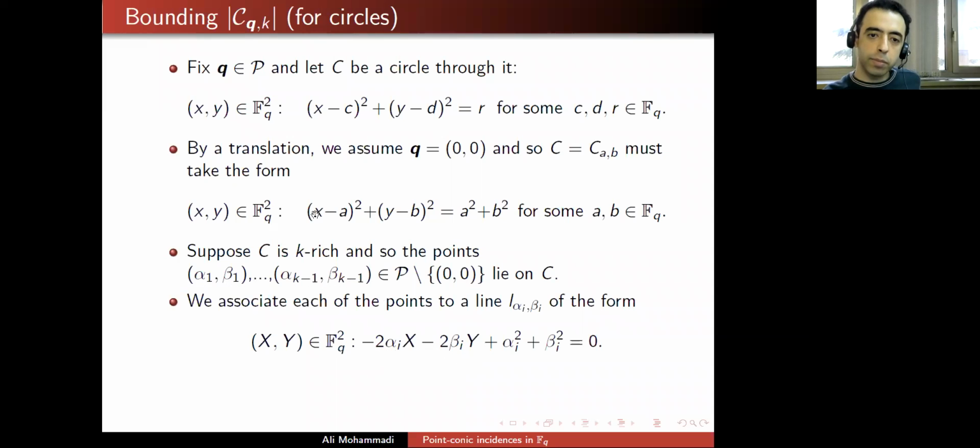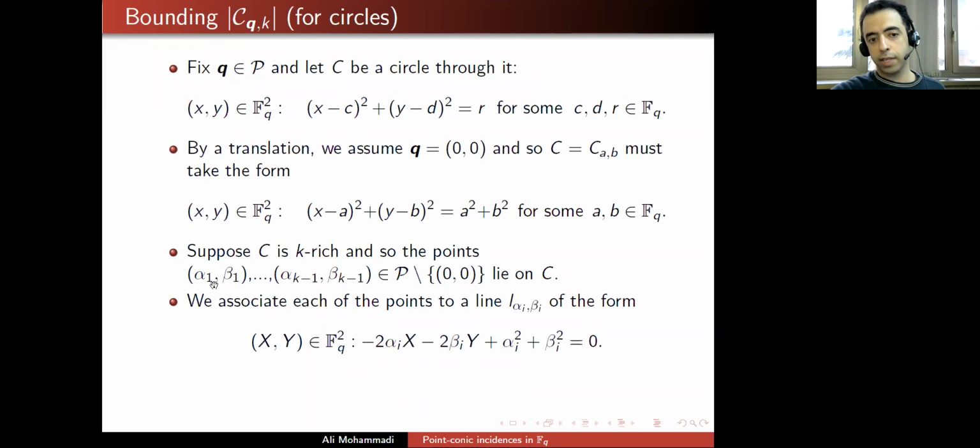Remember, these alpha_1, beta_1 are all solutions to this. Now these alpha, betas become the defining parameters of lines, while the A's and B's become the variables, so (A, B) is now a point which will satisfy this linear equation.